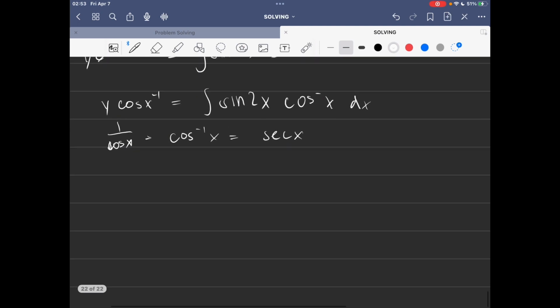So the identity is secant x. So we have y secant x is equal to the integral of sine 2x secant x dx.